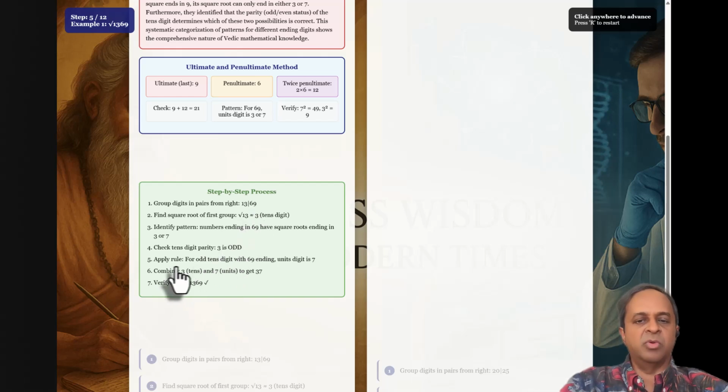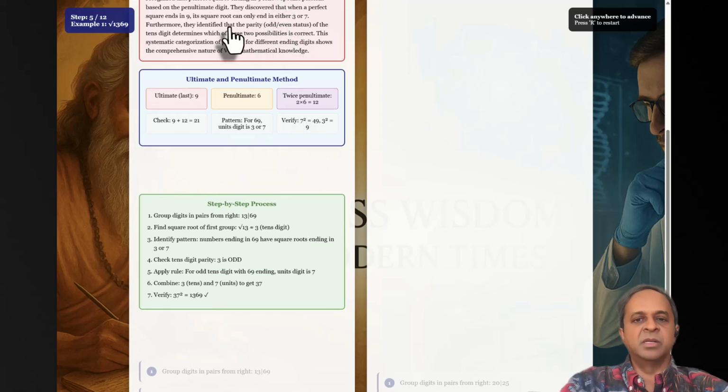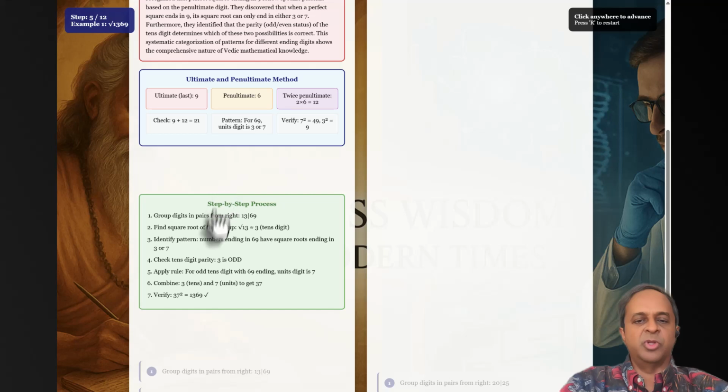So apply the rule: for the odd tens digit with 69 ending, the units digit is going to be 7.